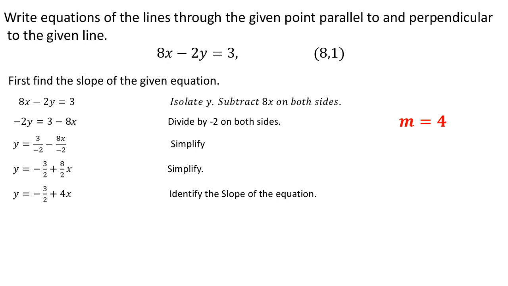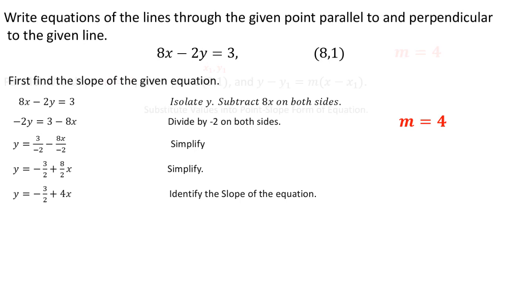And hopefully we see here that we can now identify the slope of this equation, which is 4. This is my slope. My y-intercept is negative 3/2.